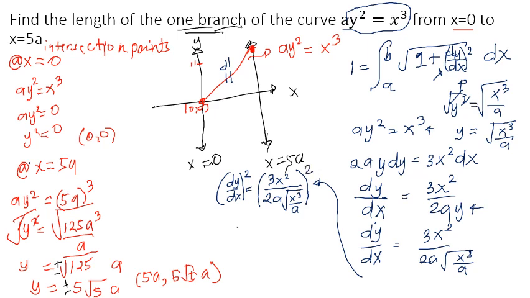So square both sides. So we have dy all over dx quantity squared is equal to 9x to the fourth all over 4a squared times x cubed all over a. So we could cancel out a here, and this one becomes 1.